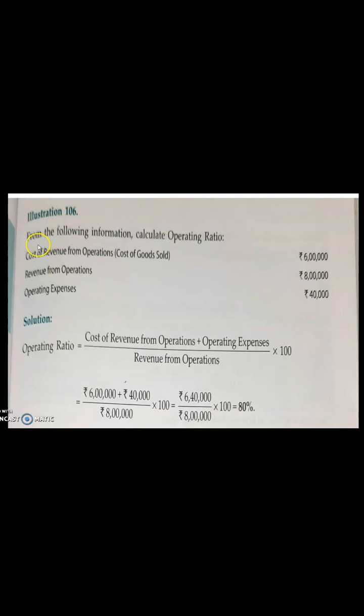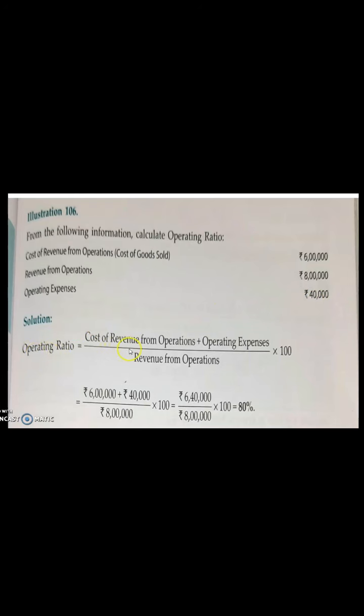Now let us move to a problem. From the following information, calculate operating ratio. You are provided cost of revenue from operation, that is 6 lakh, revenue from operation 8 lakh, operating expenses 40,000. The first part of your solution is writing the formula.